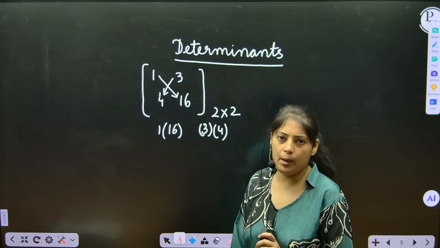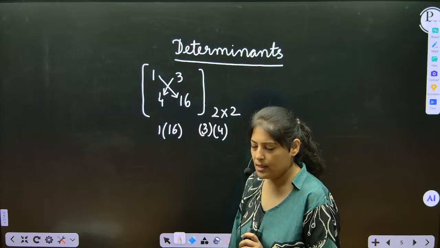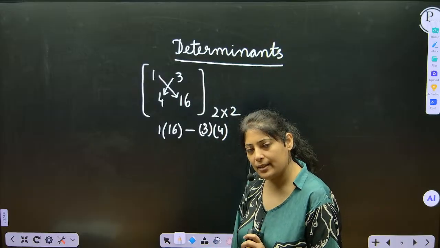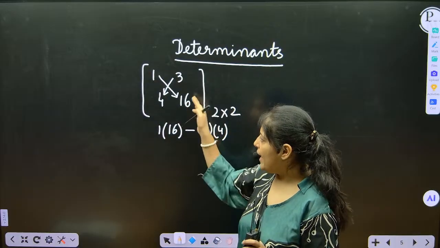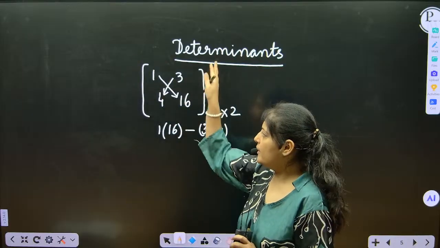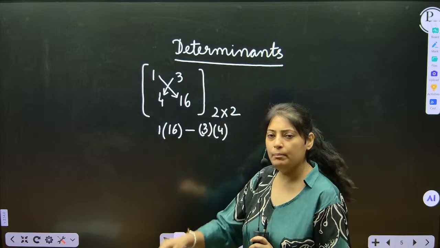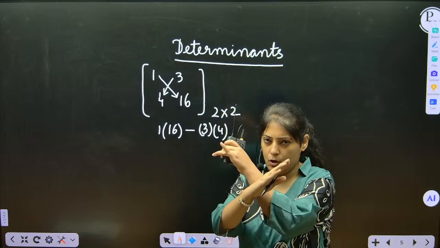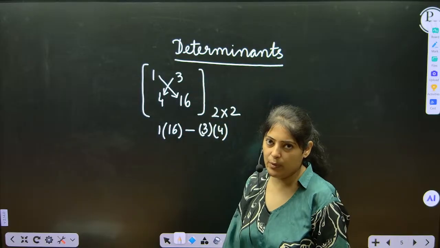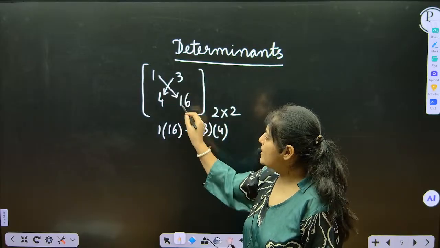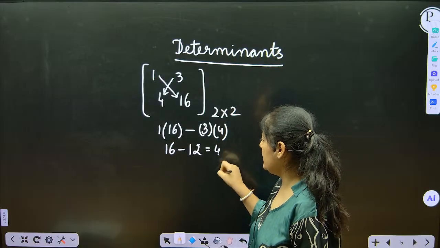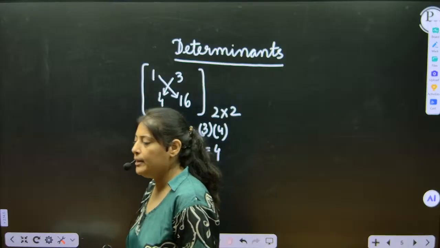Now whatever numbers you get, put a minus sign in between. Diagonally multiply with a minus sign in between. So 1 sixteens are 16, 3 fours are 12. So the determinant of this matrix is nothing but 4.